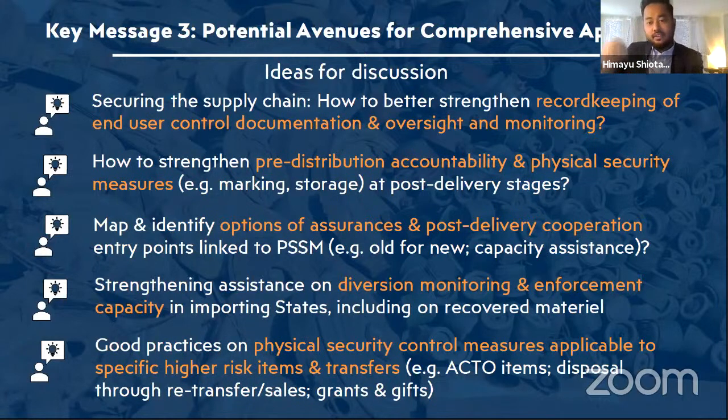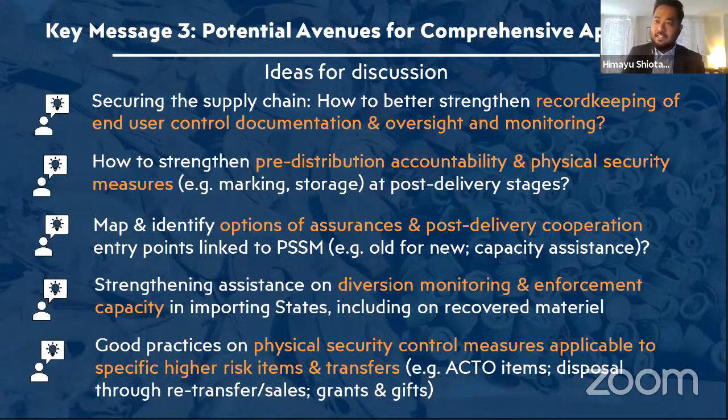But after it's received and before it's distributed down the supply chain, there are measures like record keeping, marking, initial accountability measures that can be undertaken by states on the recipient side that increases the confidence. Now, this is something that we have found is meriting of a dialogue between the party that is exporting the item and the recipient in terms of what more could be done at the assurance stages.